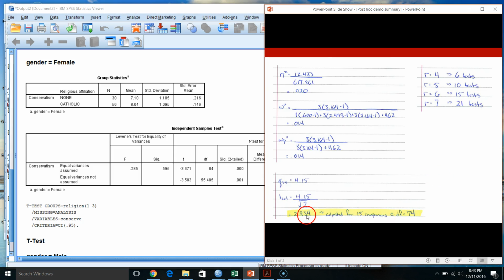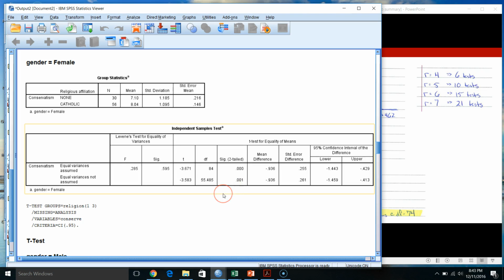That's larger than 2.934. And so we're going to say that, yes, we do see a statistically significant difference across Catholic and unaffiliated women in terms of conservatism, even with the correction for multiple comparisons in this sample.